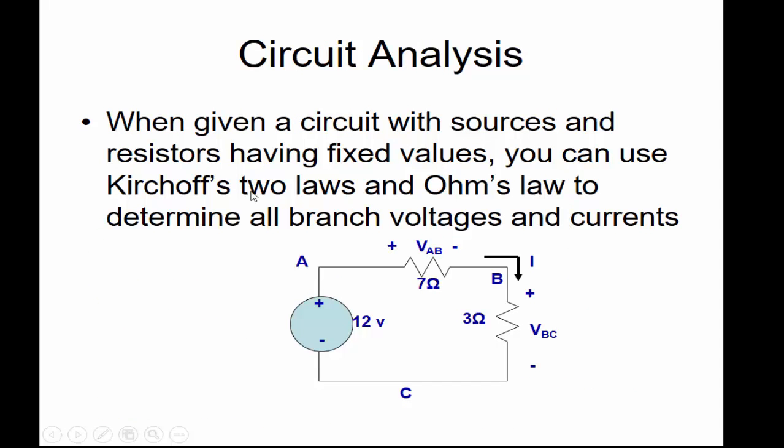Now, when given a circuit with sources and resistors having fixed values, you can use Kirchhoff's two laws and Ohm's law to determine all branch voltages and currents.